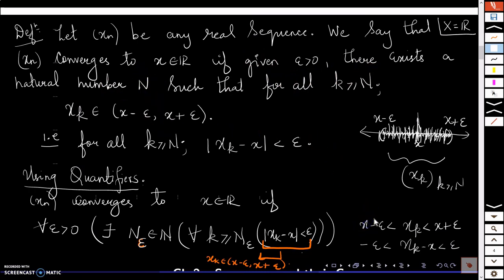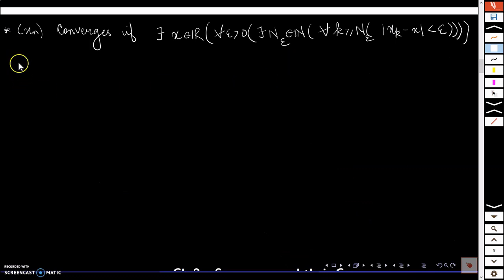Okay, so I want you all to think, when will I say that the sequence does not converge?